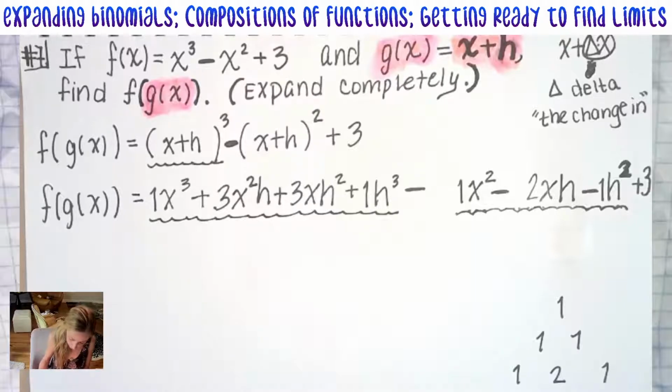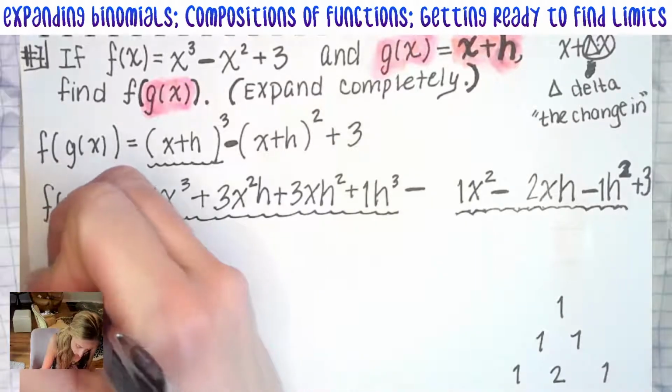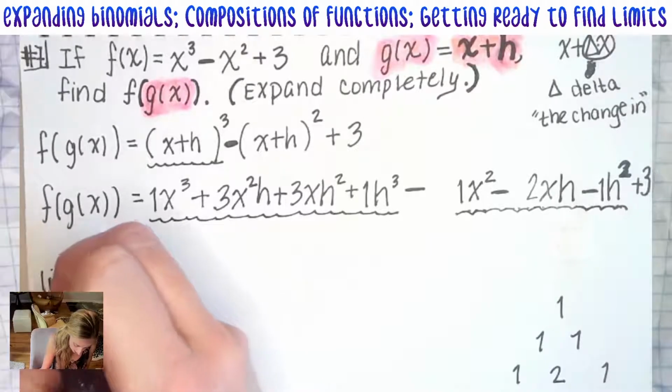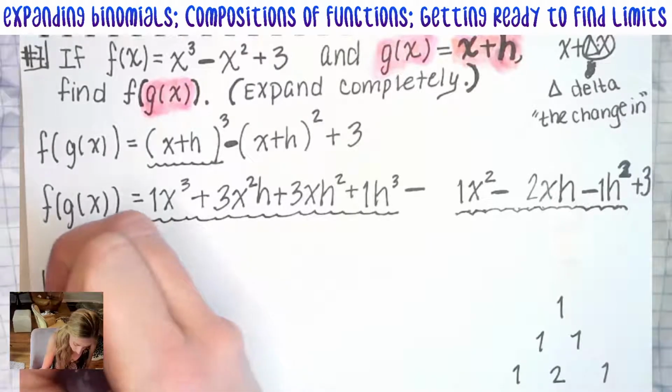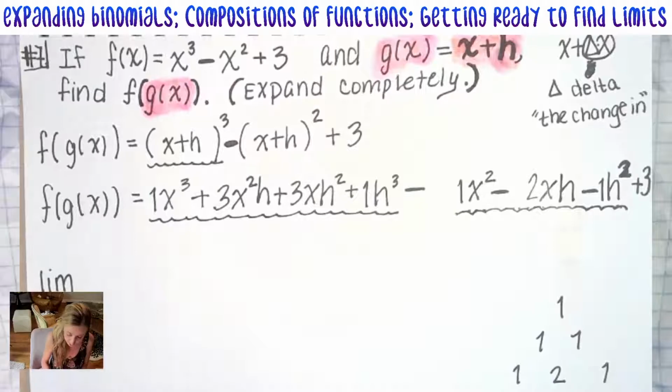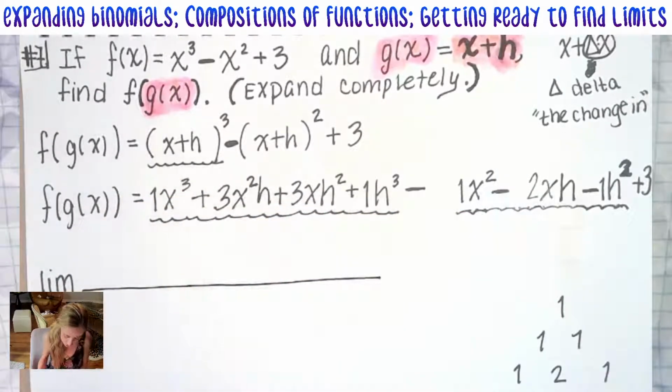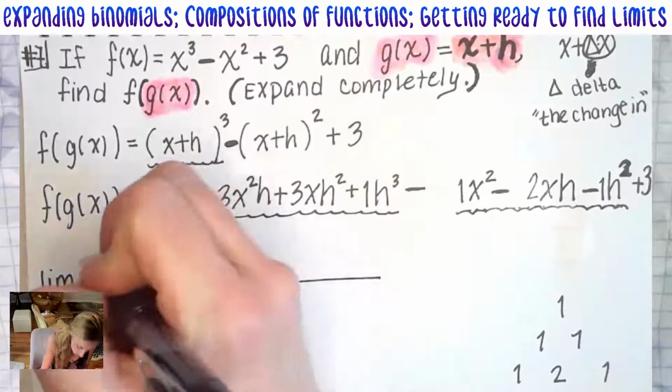In your near future, or maybe if you're watching this and you're already a little bit more in the future, something that you might be working on is the limit as h approaches 0. So we don't want h to actually equal 0. We just want it to get really close to 0. So it's almost like you're plugging in 0 for h, but you can't. So you just try to get really close to it.